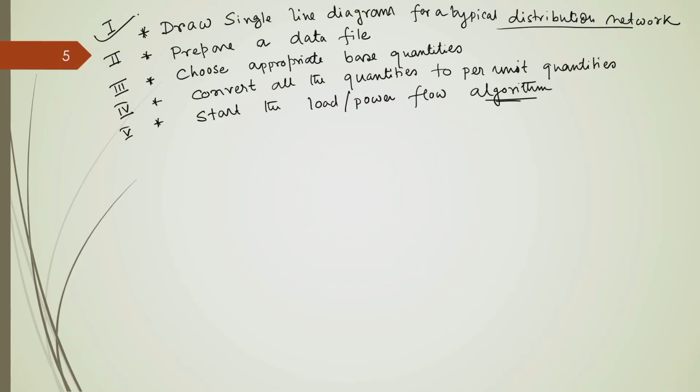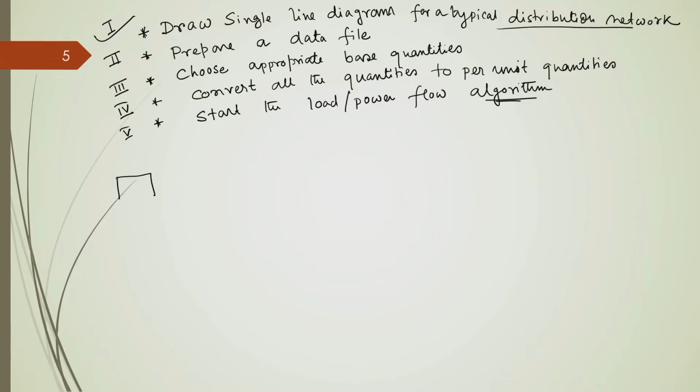I will come to that, but in this particular lecture, I will focus on a typical simple radial distribution network topology, and I will show you step by step how to implement this approach. Okay. So, the first step is to draw the single line diagram for a typical distribution network which needs this power flow approach. Okay. So, let me draw it first.